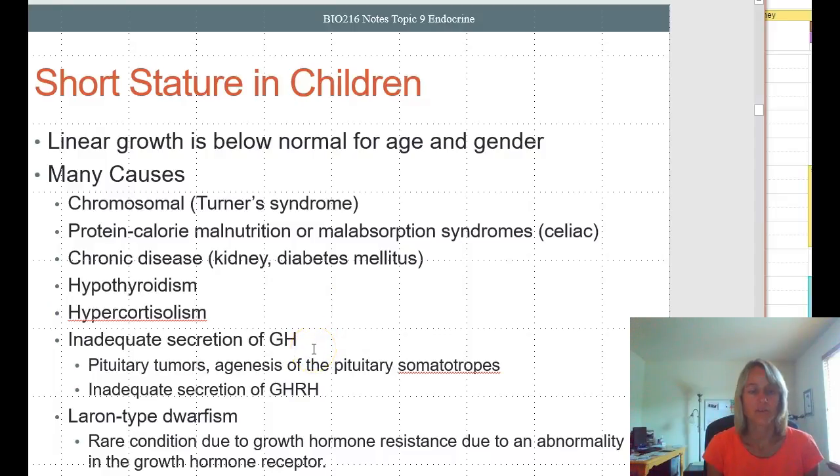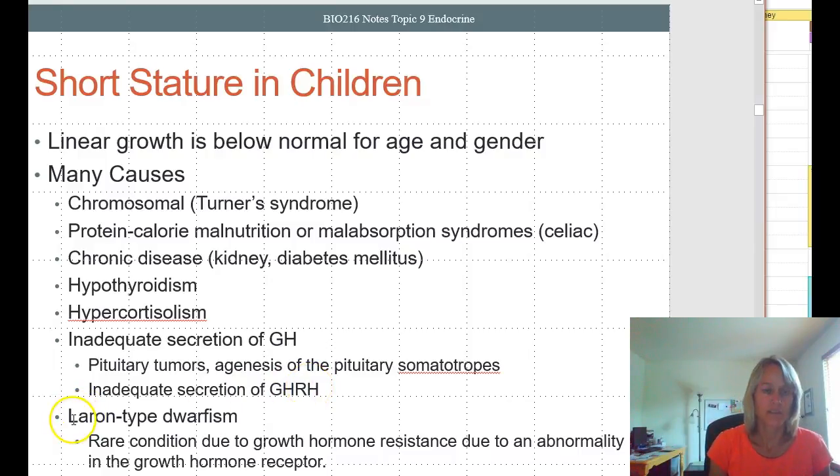Inadequate secretion of growth hormone can be due to pituitary tumors, or agenesis of pituitary somatotropes. That means a lack of development of the somatotropes, those cell types that secrete growth hormone. So that would be a congenital defect. It can also be due to inadequate secretion of growth hormone releasing hormone from the hypothalamus.